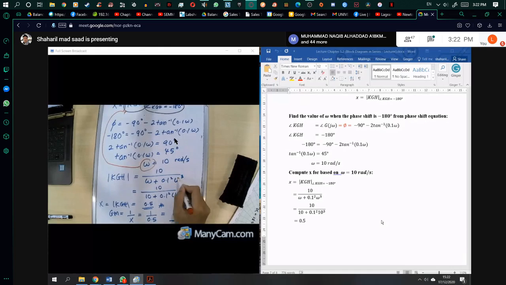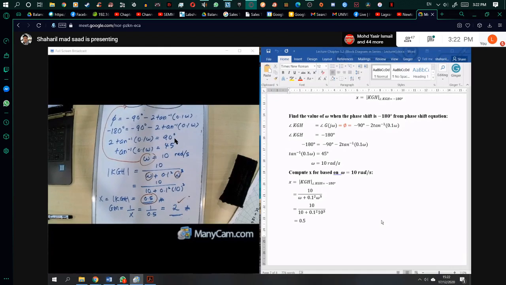So you apply W here, and then you can get 0.5, and then you can find the gain margin. So you can double check the value that you got and the value that you can get from the graph. It is the same. It will give you the same value.